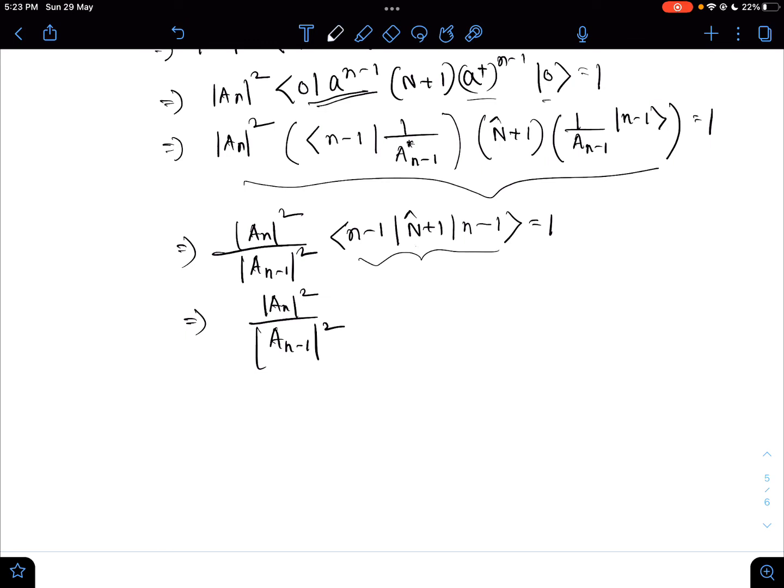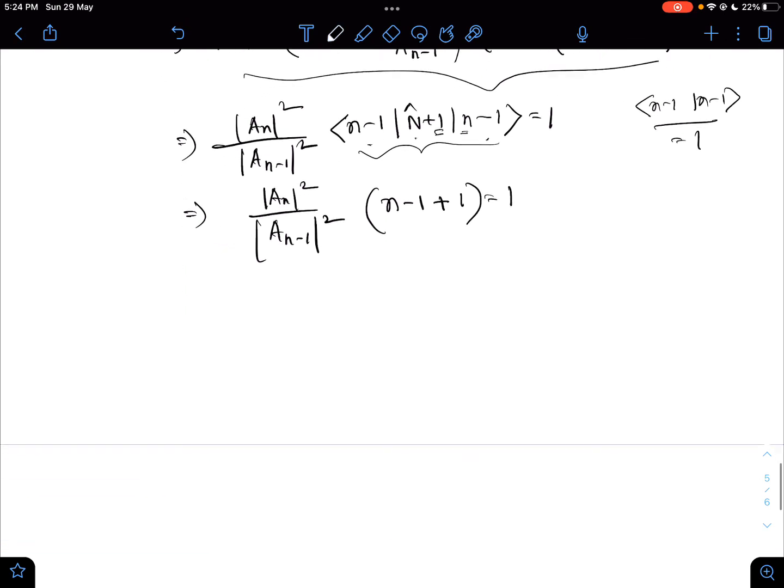The number operator on any state will give us that n value, so it will be the n-1 value. For the second term, this is our norm. Since |n-1> is normalized, this should be 1. So it will give us 1, and we are left with this relation.